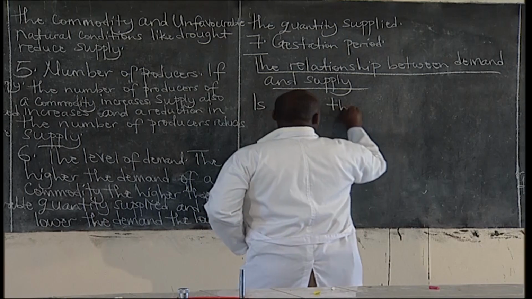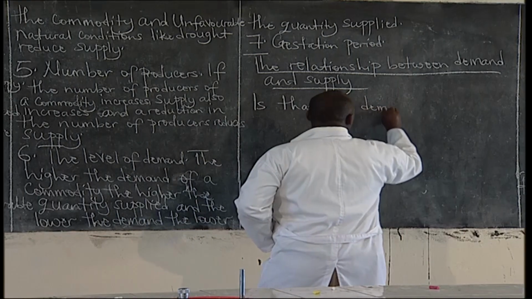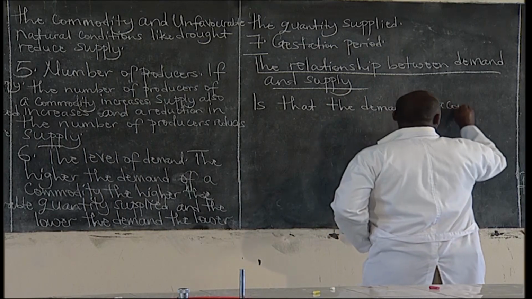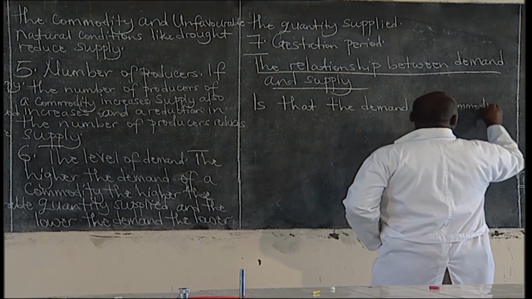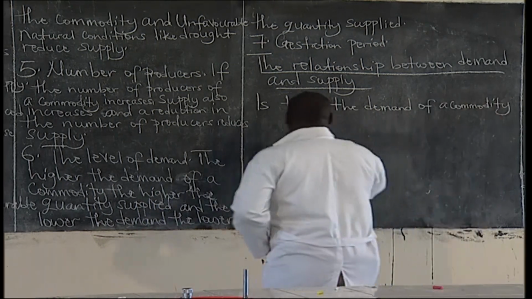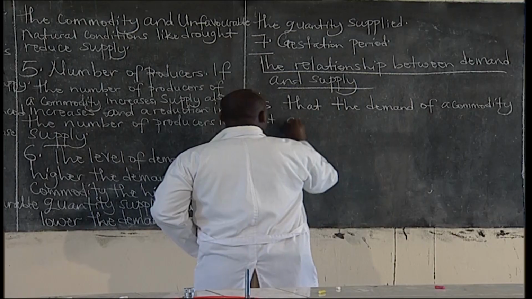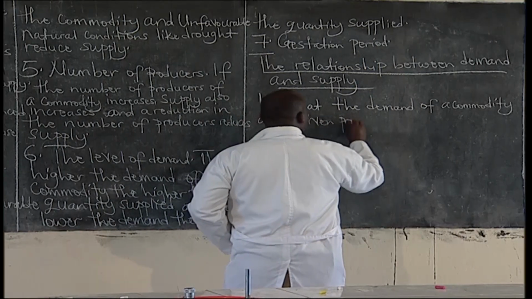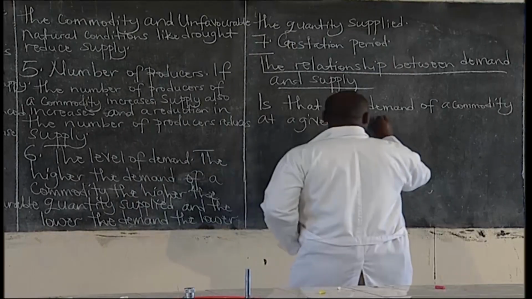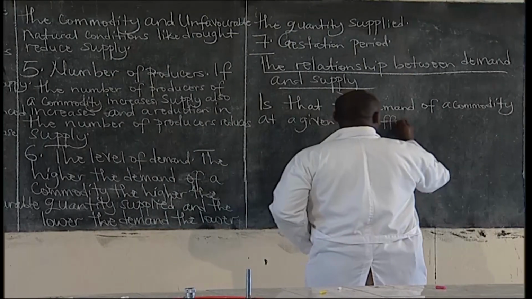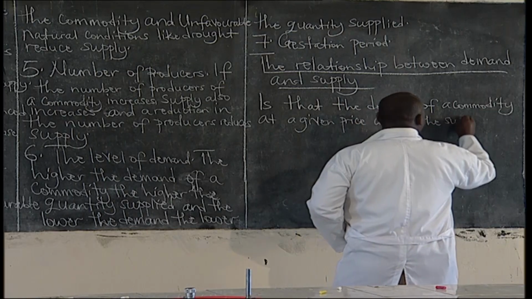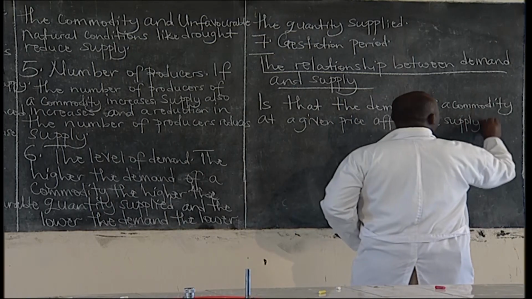The relationship between the two variables is that the demand of a commodity at a given price affects the supply of such a commodity.